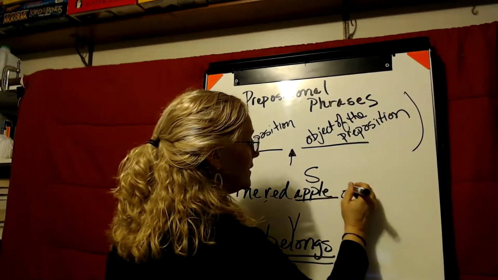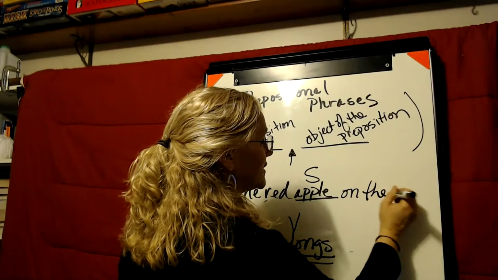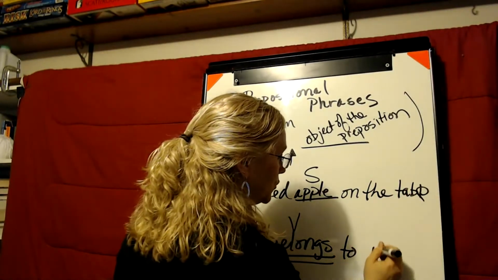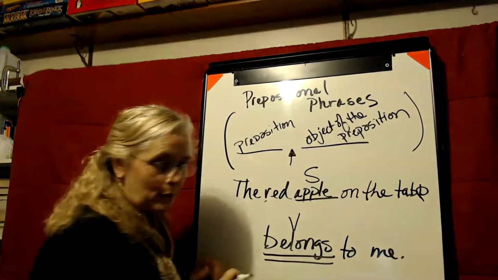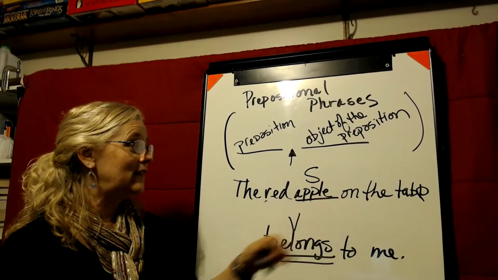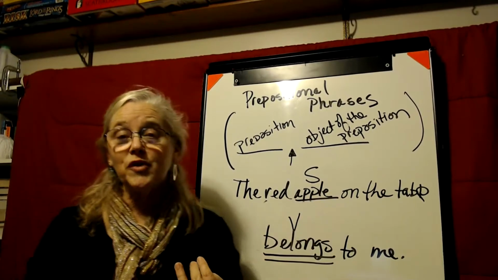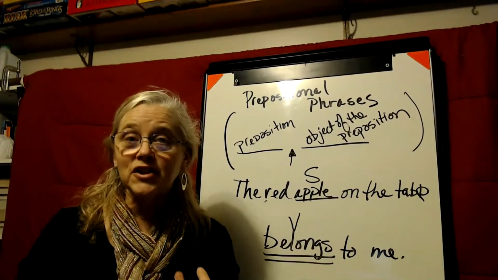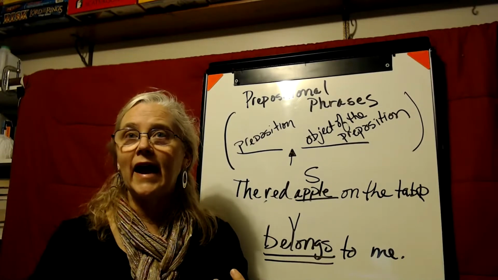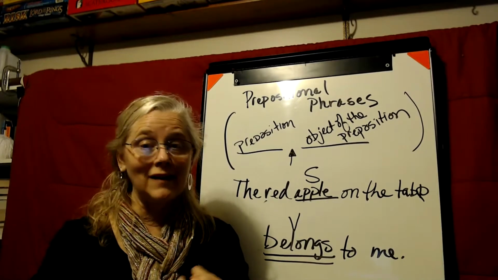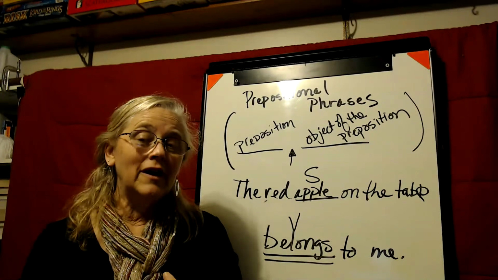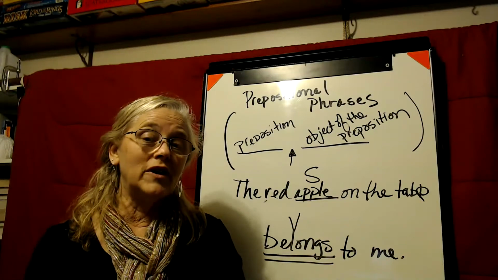Now we had these 2 prepositional phrases, on the table and to me. Prepositional phrases, and we'll do a worksheet where we need to identify this, do the job either of an adjective or an adverb. Now let's think back. An adjective describes a noun, and an adverb describes a verb, another adjective, or another adverb.